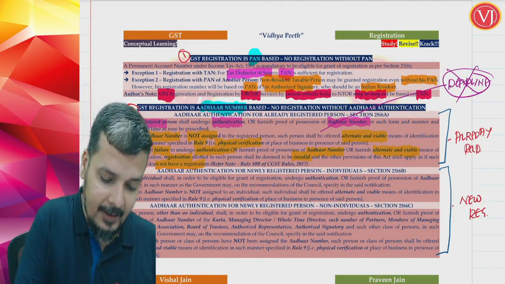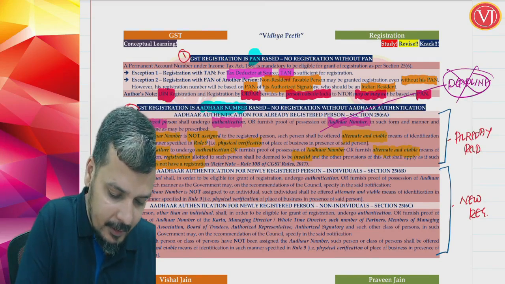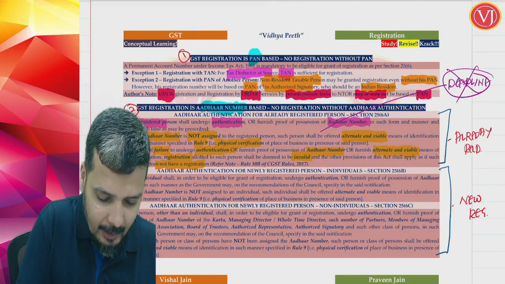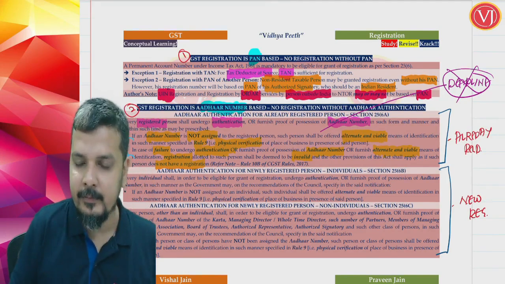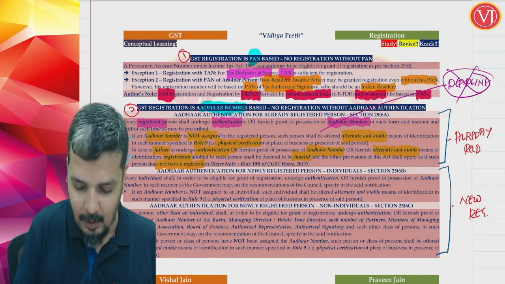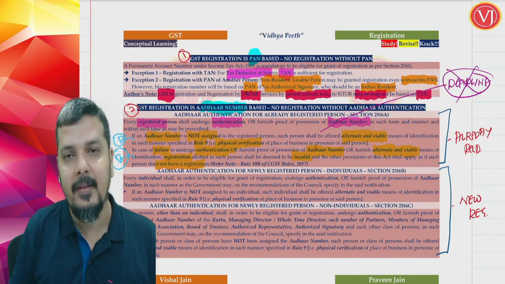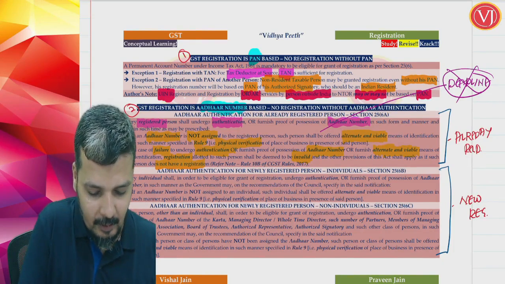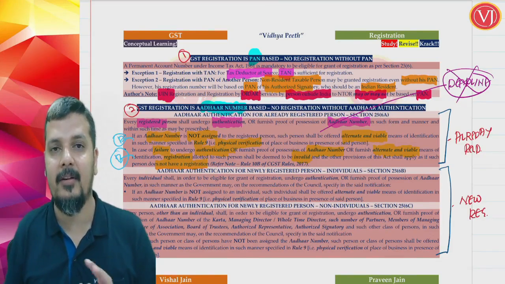But if you have Aadhaar, the second point is very, very special. If you are having Aadhaar but you are not linking it or not giving the proof of Aadhaar number or any other identification, then the registration itself will be treated as invalid and it is treated as you are not having a registration. So that is an important point.